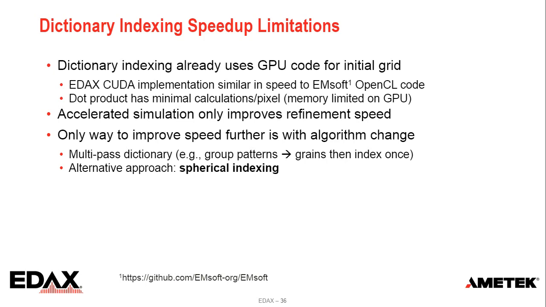And so this GPU implementation for the simulation is a significant speed up, something like a factor of 100 for the refinement step, but refinement is only maybe 10 or 20% of the indexing time for the dictionary approach. And there's no more room to improve the speed of the dictionary part without an algorithm change.